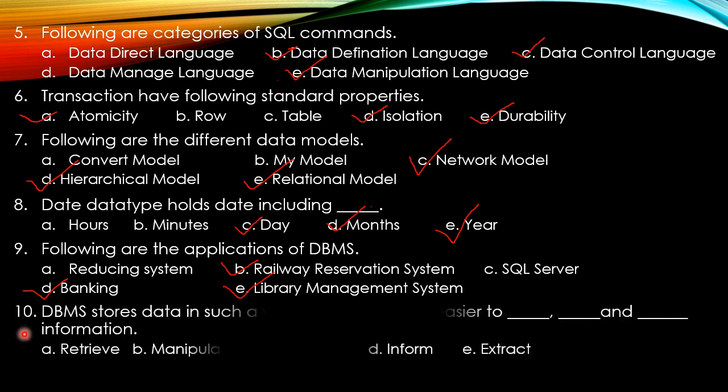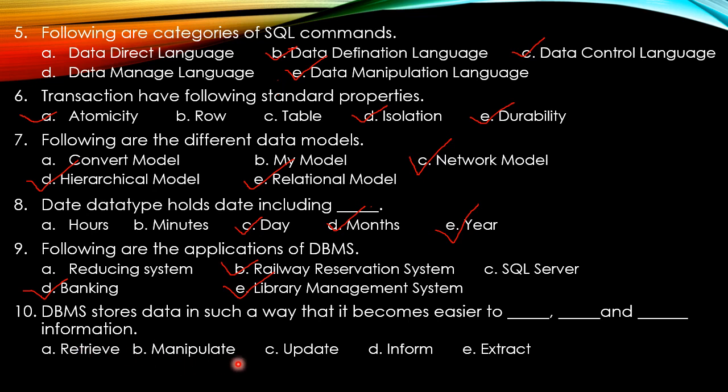Now let us say the last question. DBMS stores data in such a way that it becomes easier to dash and dash information. DBMS data को इस तरह से store करता है कि वो easy हो जाता है किसके लिए? Information को retrieve करने के लिए, means लेने के लिए, then for manipulating the data and also for updating the data.